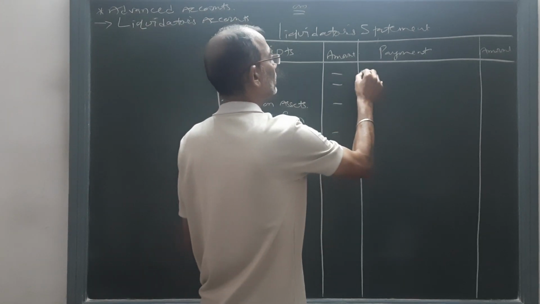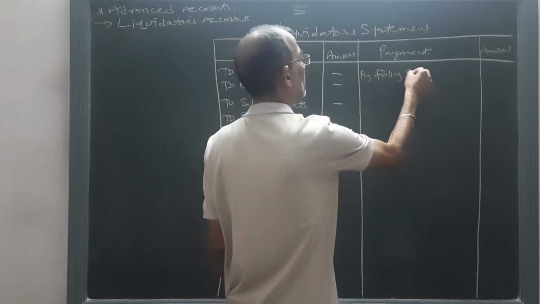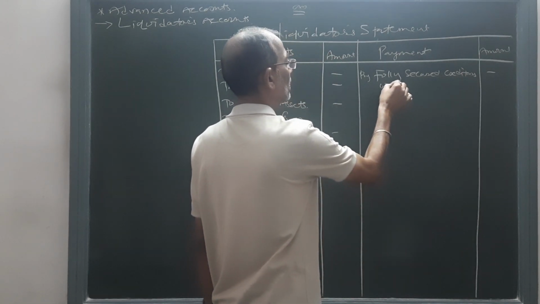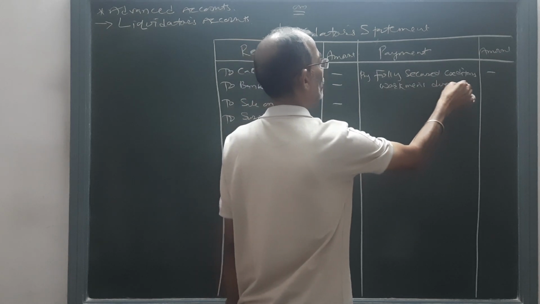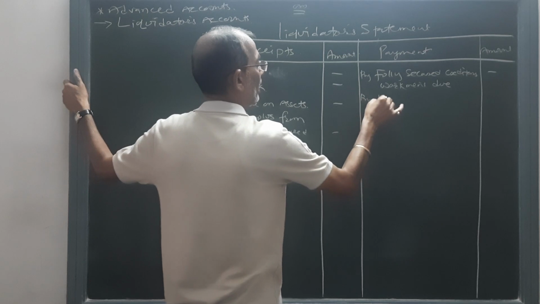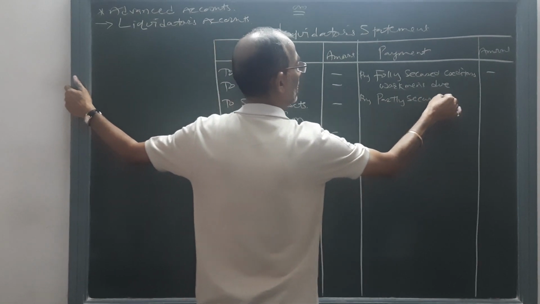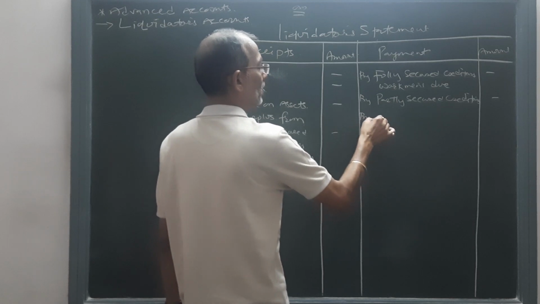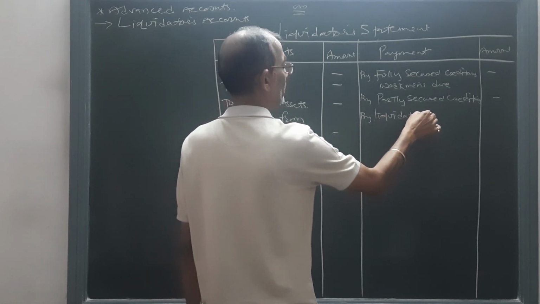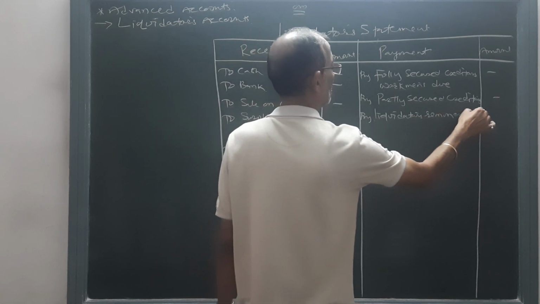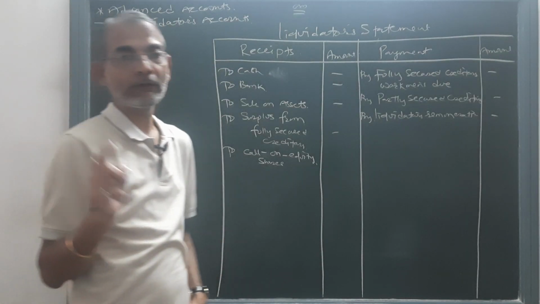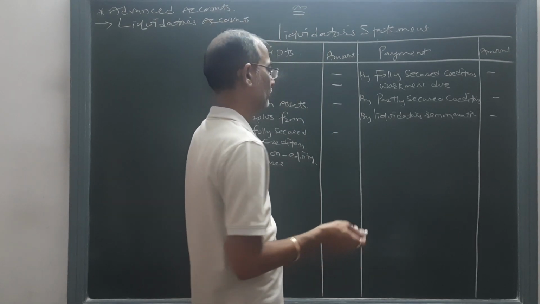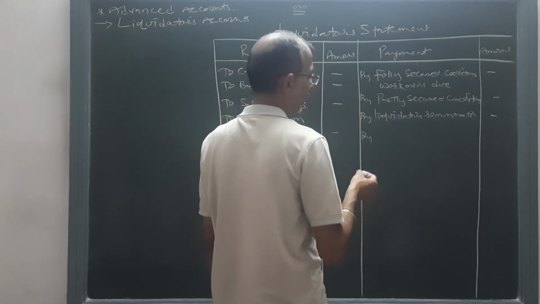While on the payment side, by fully secured creditors, including workmen's dues, then by partly secured creditors, by liquidator's remuneration, because a liquidator is a retired judge, so obviously he is not going to work free, without any remuneration or payment.